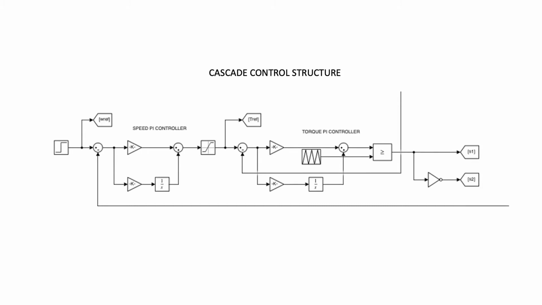As we can see, the input of the cascade control structure is from a step, and it outputs a signal that is inverted. The signal's purpose is to control the switching of the motor, and therefore can control the quadrant of the motor.